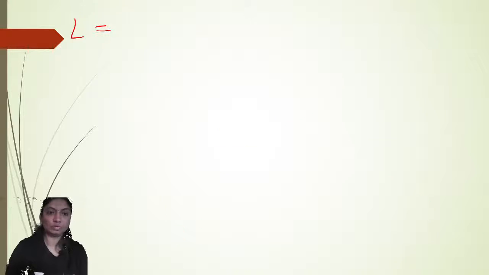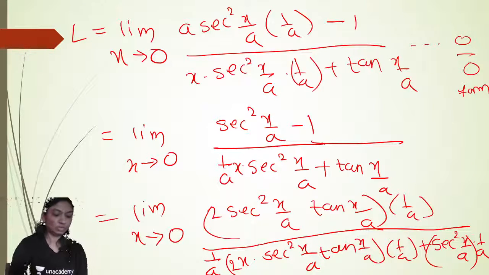Okay. Now here L is equal to, so put limit as x tends to 0. Here sec square 0, tan 0 is 0, so 0 upon 0 form. Again here is 0, sec square 0, so you will get here total value is 0.